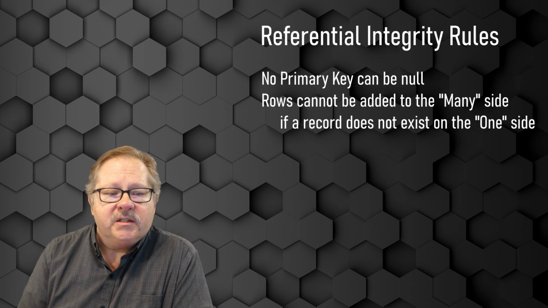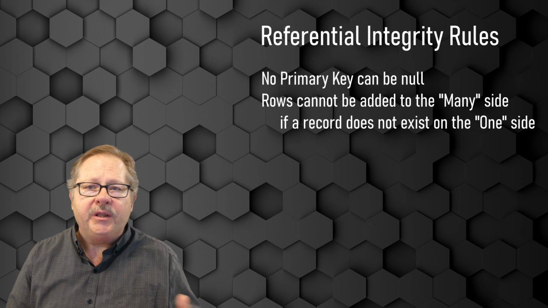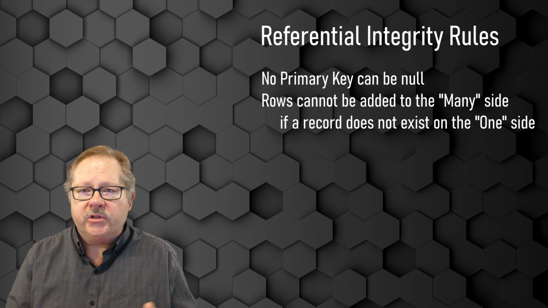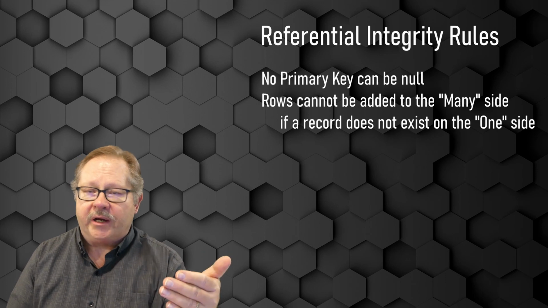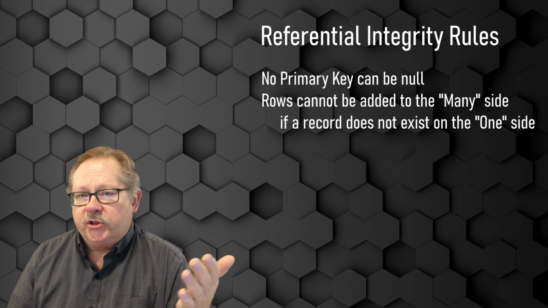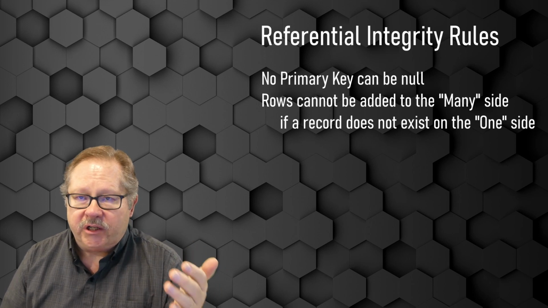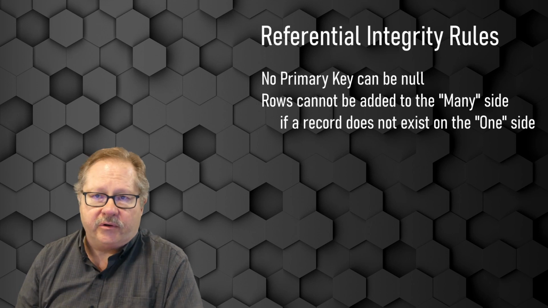The next one is that rows cannot be added to the many side until there is a value in the one side. Here's the logic behind that. Let's say that you have an invoice, and the invoice has a header record, and the header record is your one side, because you only have one invoice for this particular order. Then you have detail records under it.